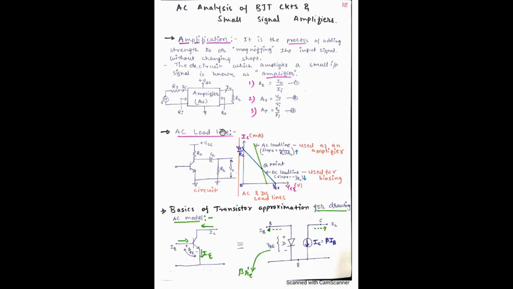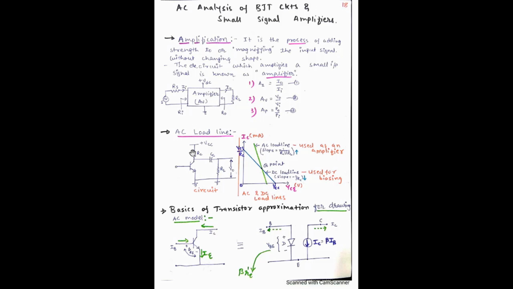What is the DC load line? For any bipolar junction transistor, the straight line connecting the cutoff and saturation points is known as the DC load line. I have mentioned it here in the graph. This is the simplest circuit diagram for explaining the concept of the AC load line. So this is the BJT, an NPN transistor.